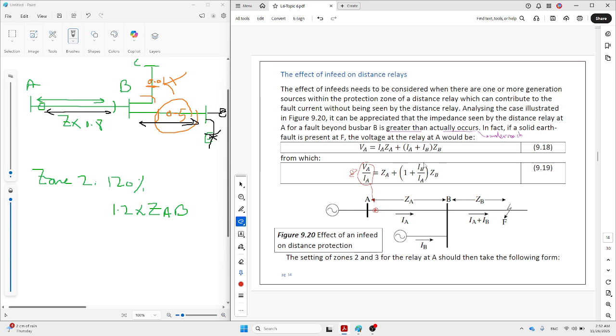Okay, right now consider this equation: if IA is bigger than IB, if IA is equal to IB, and if IA is less than IB.